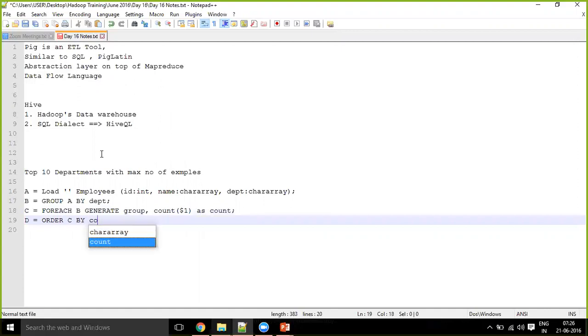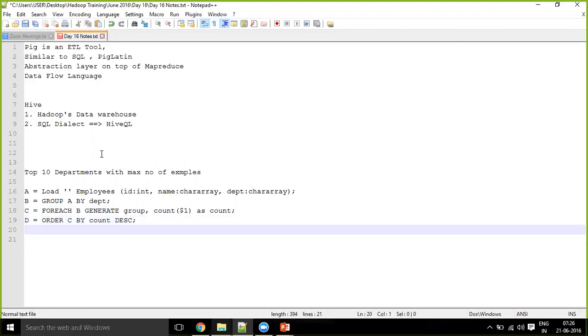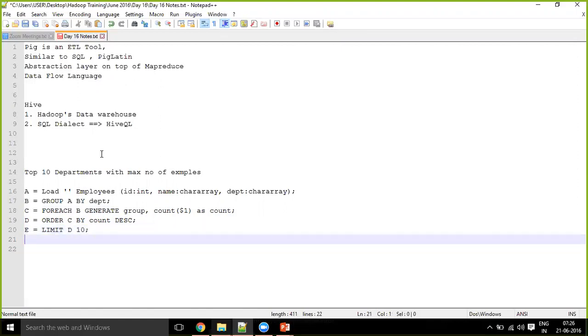Order C by count in descending order. And finally, you need only the top 10 results. So E equal to limit D 10. Now dump E.